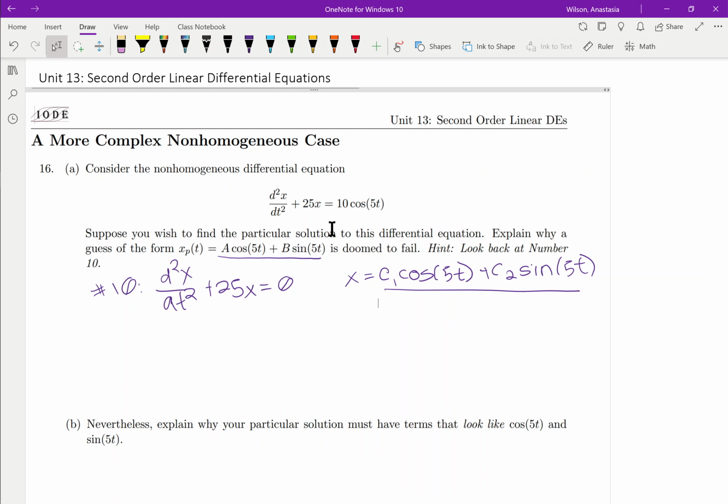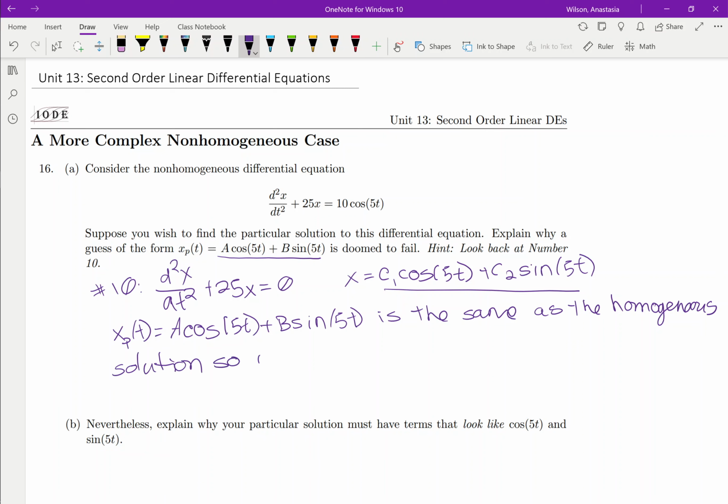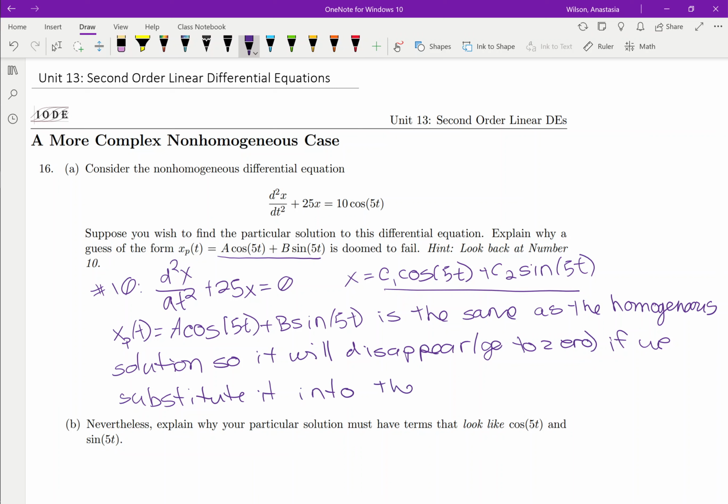So a very brief explanation: x_p of t equaling a cosine of 5t plus b sine of 5t is the same as the homogeneous solution, so it will disappear, and by that I mean go to 0, if we substitute it into the left side of the differential equation, which I'm just going to abbreviate as DE here.